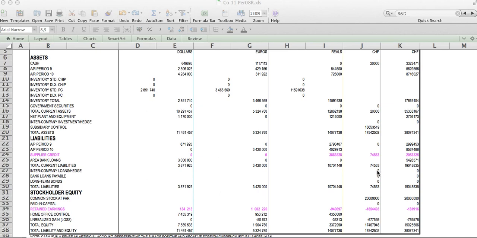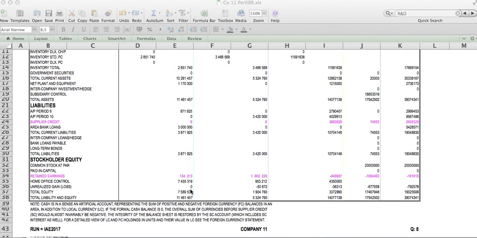Intercompany loans are always between home offices. Then there is a bank loan from another company or from the Bank of Liechtenstein. Long-term bonds are long-term liabilities. They have none in this particular case.